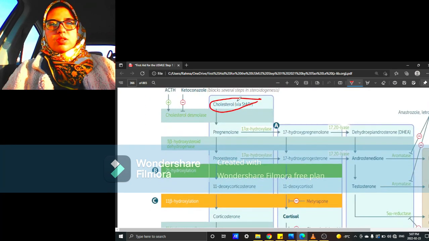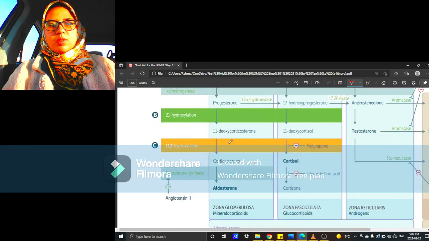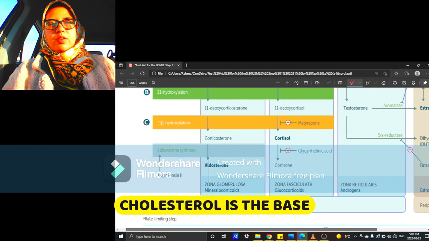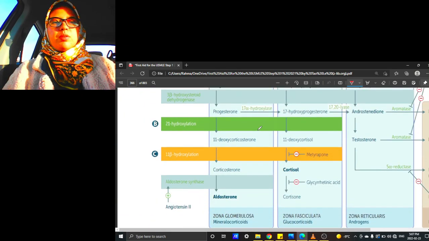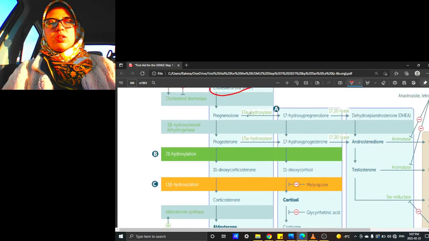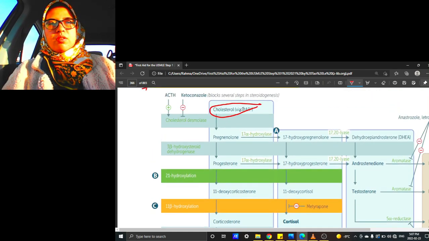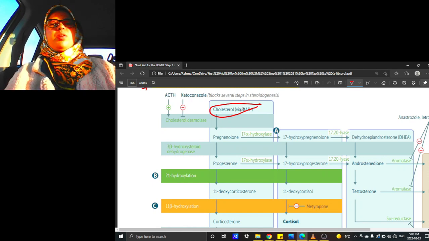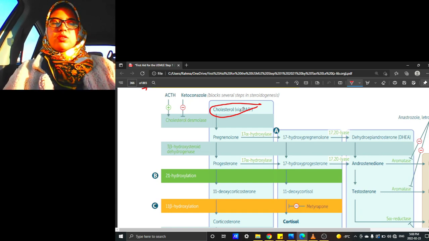Don't overwhelm yourself with such a huge looking diagram, where you feel like you need to memorize every enzyme. No, you don't. Just understand that cholesterol is the stepping stone, the foundation for making your glucocorticoids, your aldosterone, and your adrenal androgens. So cholesterol is your big guy over here.